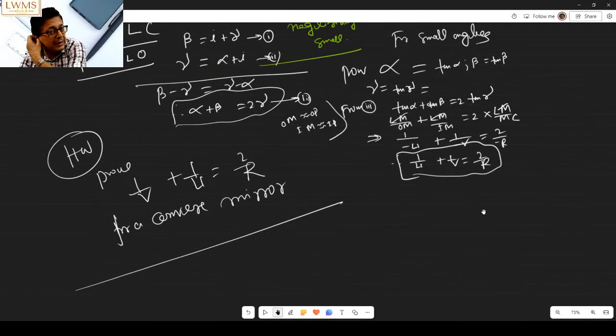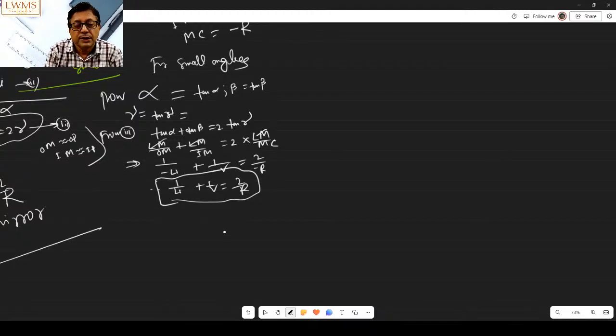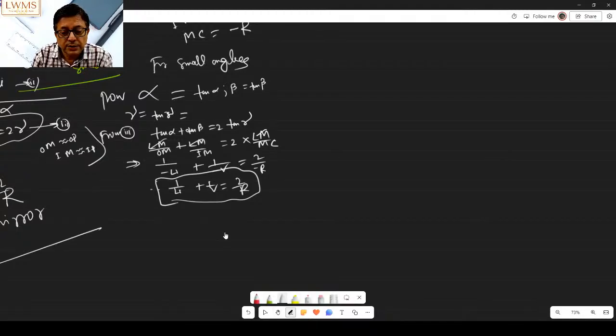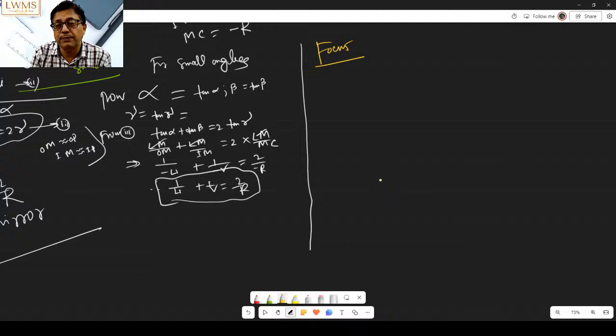Now automatically, in the case of the mirror equation, another term which is known as focus, focal length, must be inserted. How to do it? Now we are going to define focus for a spherical mirror. Focus, what is that? Focus of a spherical mirror is the point where a ray parallel to the principal axis is supposed to meet on the principal axis. I am drawing the thing.